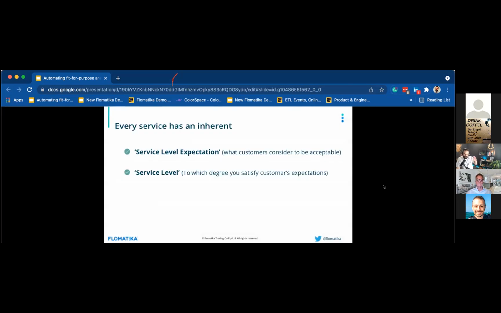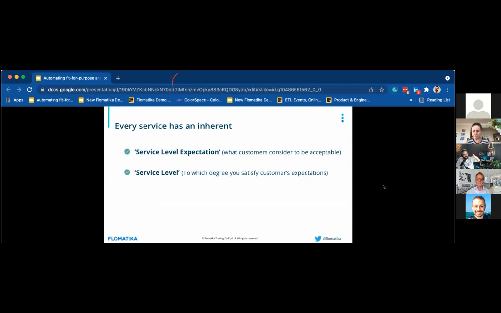There are two things, and it is important to decouple them. Service level expectation is what your customer uses to evaluate whether your service level is acceptable, or if you are fit for purpose. And service level is the degree to which you satisfy that expectation.